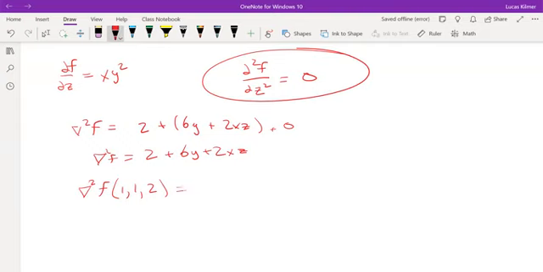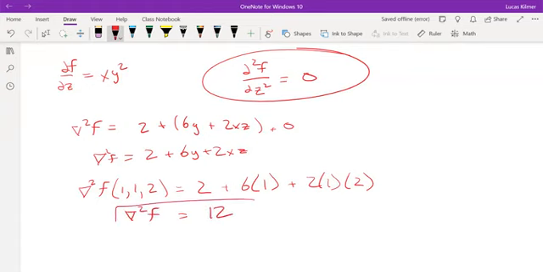I'm going to just plug it all in again. 2 doesn't have a component, so 2 plus 6y is 1, plus 2x is 1 and z is 2. What that would tell us is 2 plus 6 is going to be 8 plus our 4. So we end up with a Laplacian, so that difference on average at that exact point would be a value of 12.